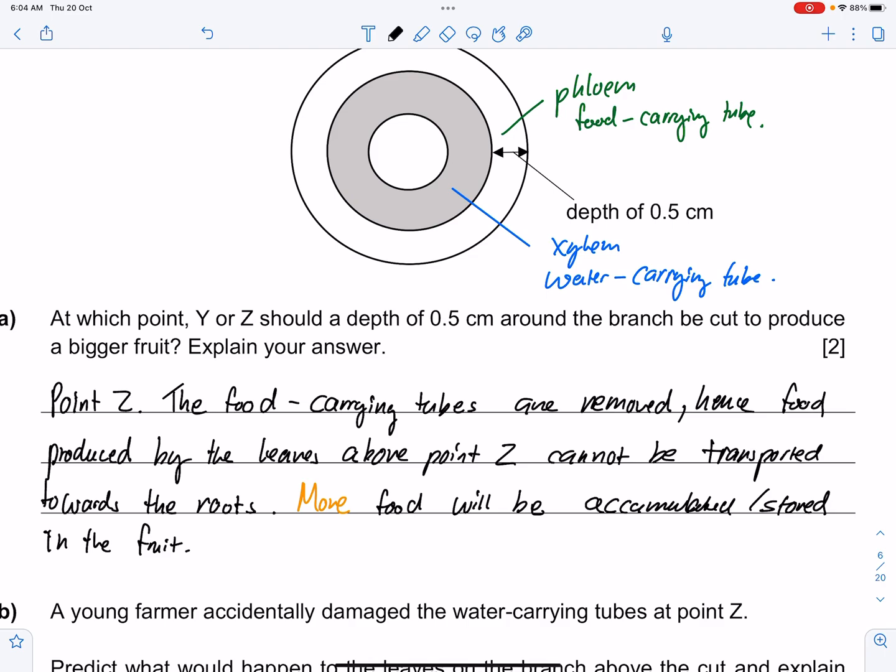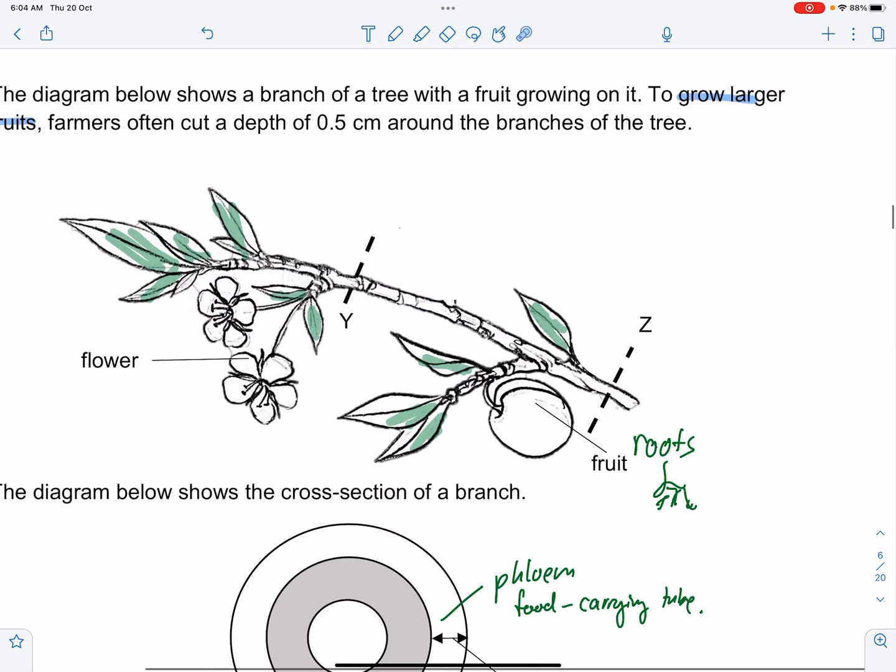Okay, making it bigger. So take note it is not just food will be stored. You have to say more. Reason being that whether or not you make the cut, in order for the fruit to actually grow, food is already going to the fruit, correct, to help it grow. But to make it grow bigger, more food is being transported to it.